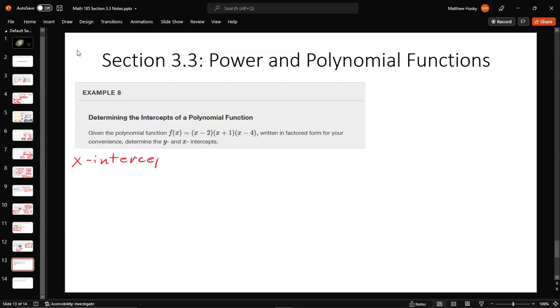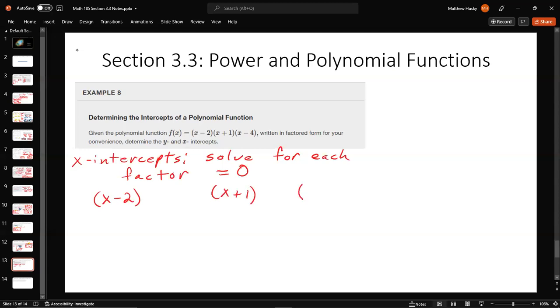You find the x-intercepts, solve for each factor equal to 0. And when you've done factoring in other math classes, I imagine you've done this kind of thing before. So you've got each of the things in parentheses, x minus 2, x plus 1, x minus 4.